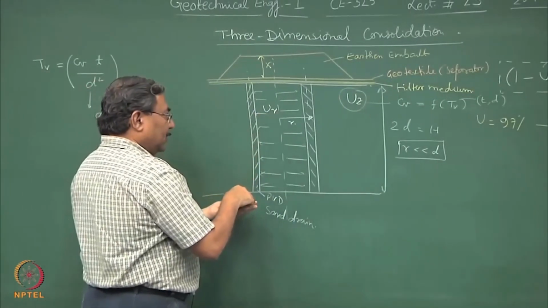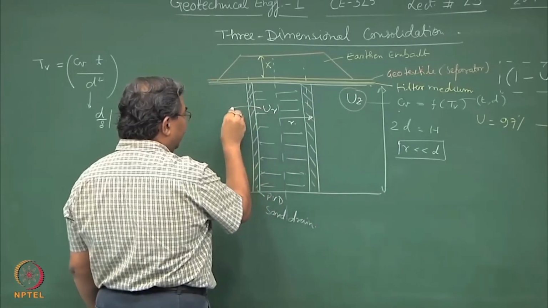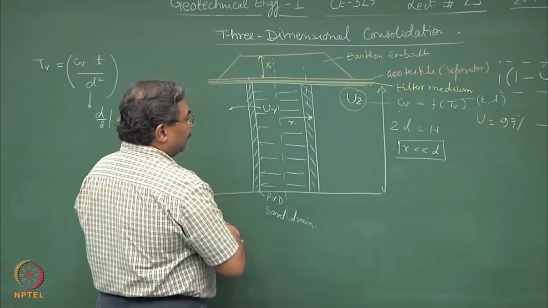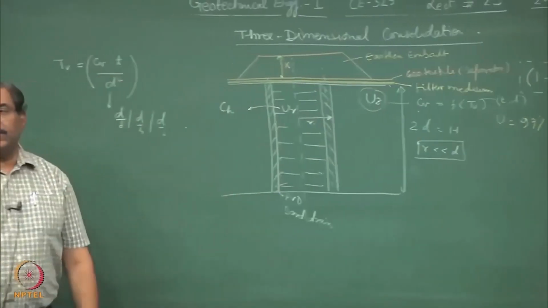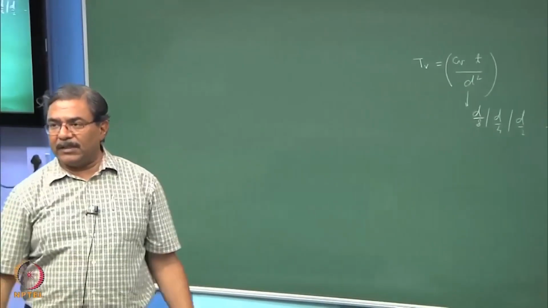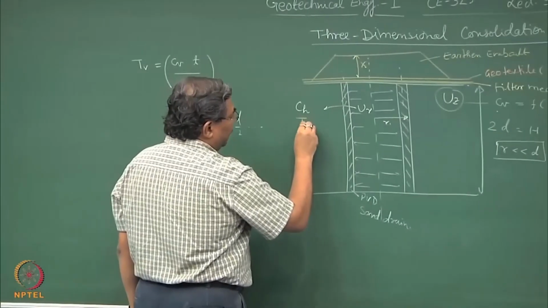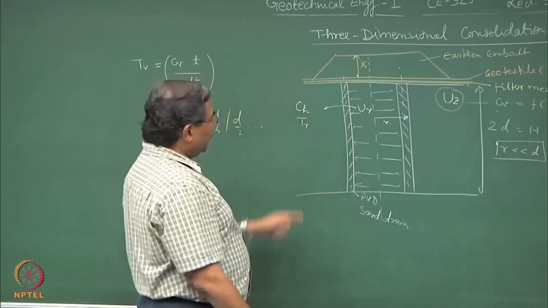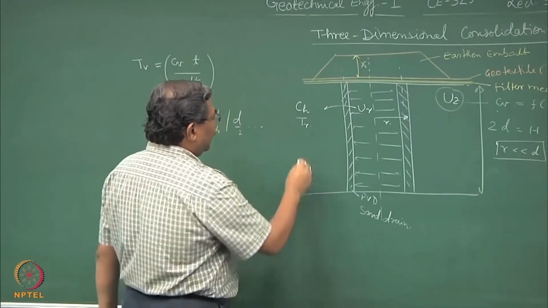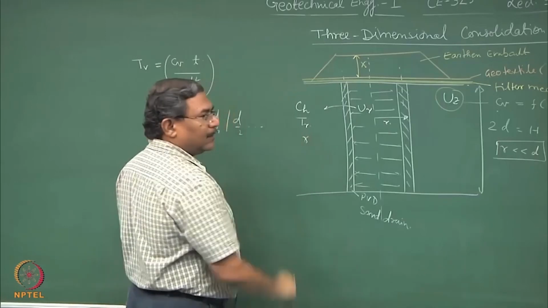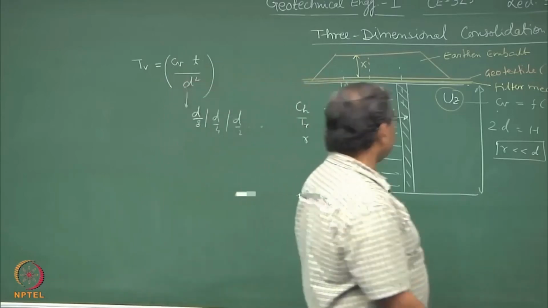So, that means this philosophy is valid for UR also, provided we define another term which is CH. So, CH becomes the coefficient of consolidation in the horizontal direction, TV will get replaced by TR, this is the time factor in the radial direction, and we have a term R which is the drainage path in the radial direction. Fine.